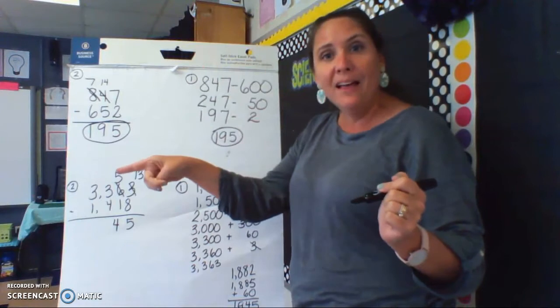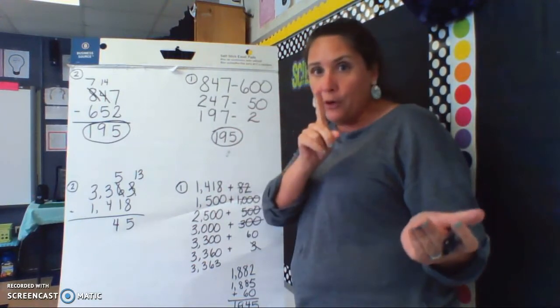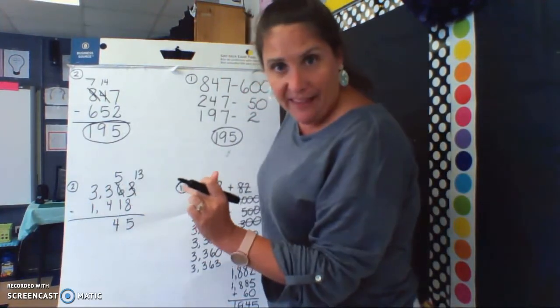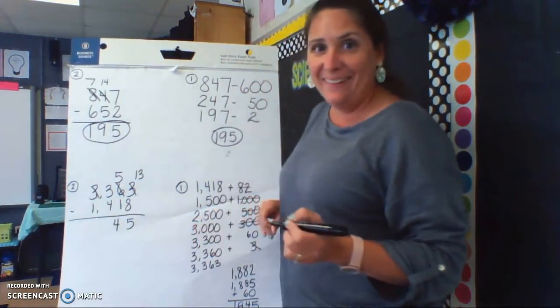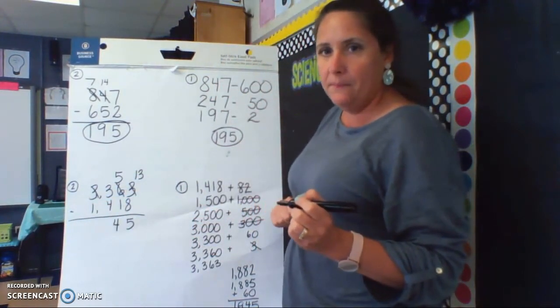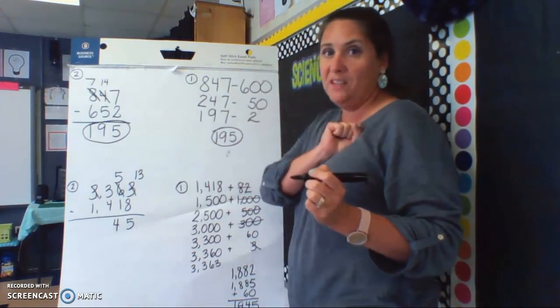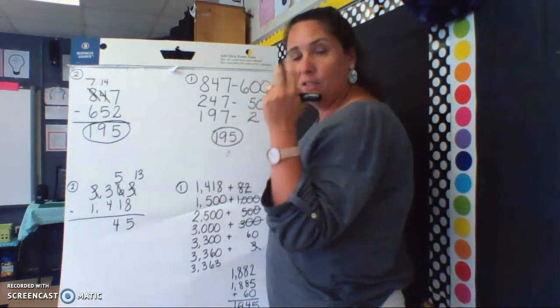Let's go to the neighbor. Let's go to the thousands place. Do they have enough where they can give me at least one group? Yeah, they do. They've got 3 groups of 1,000. So I'm going to take away one of their groups. So how many does that leave me with? Leaves me with 2 groups of 1,000, because 3 groups minus 1 group leaves us 2 groups.